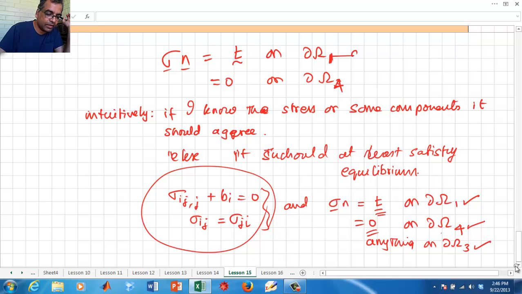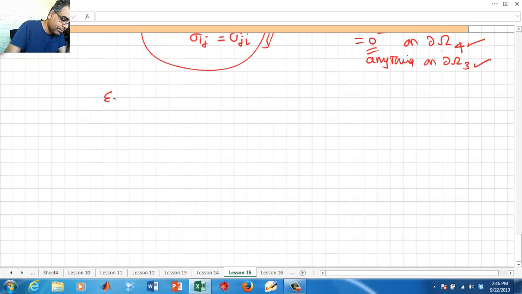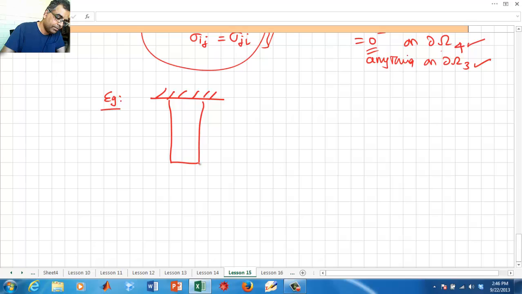So let us look at an example. Our hanging bar, and just gravity is the only body force. B equals rho g in the negative k direction, and we want to see a statically admissible stress field.